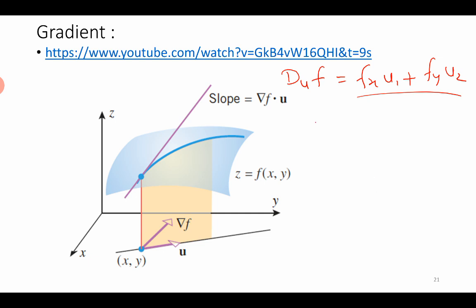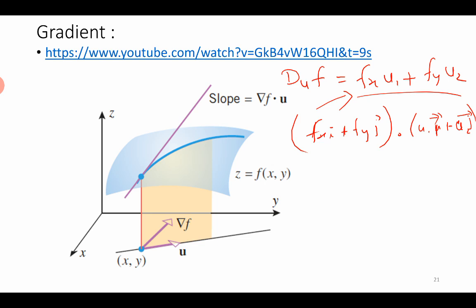The first vector is f_x i plus f_y j, dot product with u1 i plus u2 j. Is it clear? When you find the dot product of these two vectors, you will find this one.